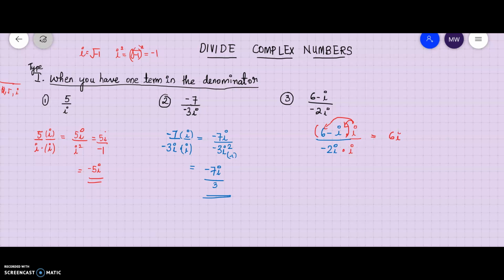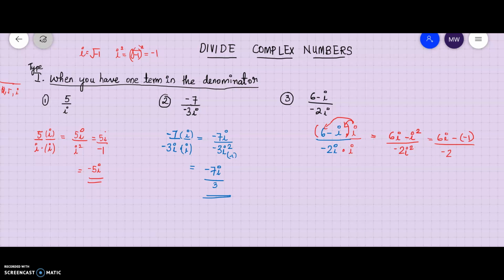So we have 6i minus i to the second power over -2i to the second power. Wherever we have i to the second power, we write it as -1. So I have 6i minus i squared, which becomes -1. Make sure you put that in parentheses so you will not forget to put the -1 there.